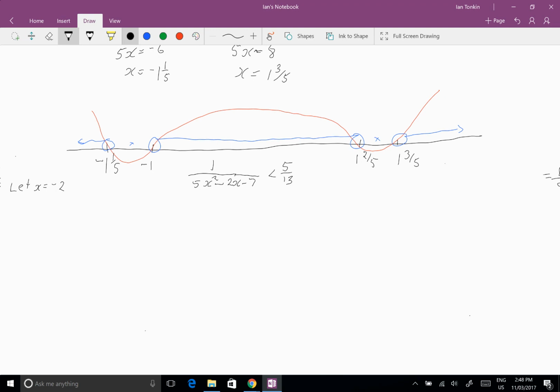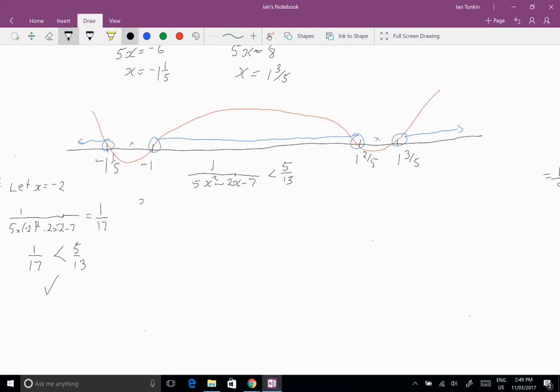So if I let x equal negative 2, and I'll put that in, I'll get 1 on 5 times negative 2 squared minus 2 times negative 2 minus 7. And that equals 1 on 17. And 1 on 17 is less than 5 on 13. So that's part of it.